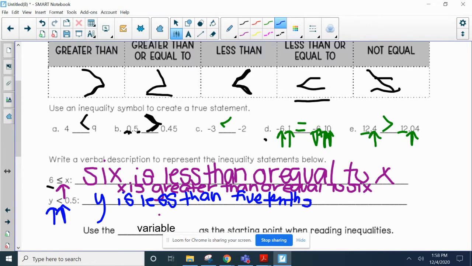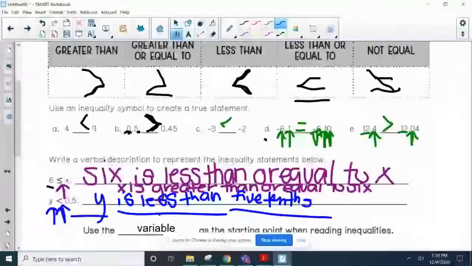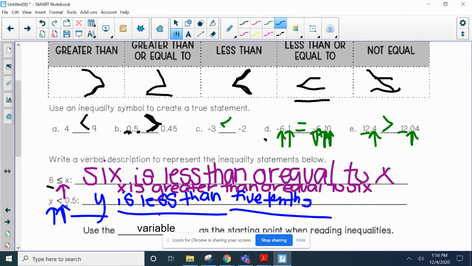What if I read it backwards? 5/10 is less than, well, not is less than, because we're going backwards. So 5/10, because we're starting right to left, is the opposite. But what's the opposite of less than? Greater than. Why? We know this is true because 5 has the big mouth.